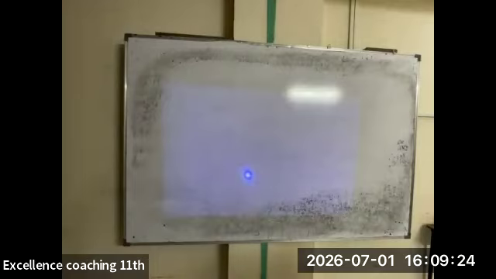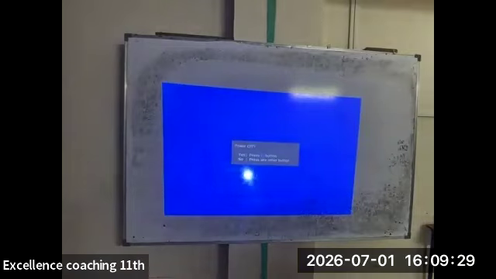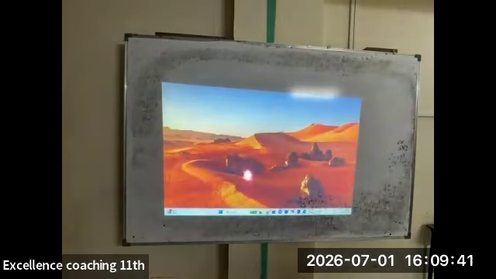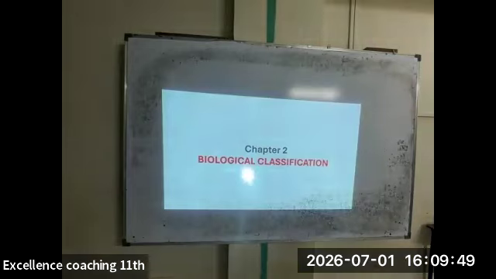Kingdom Monera is divided into Coccus, the spherical shape, Bacillus, rod shape, Vibrio, comma shape, and Spirillum, the spiral shape.